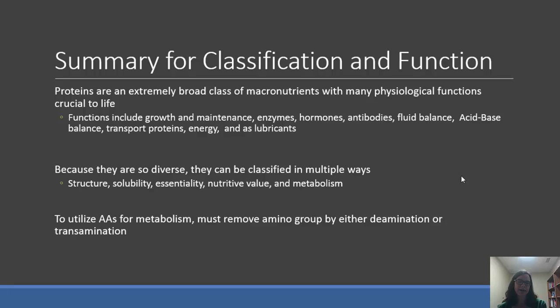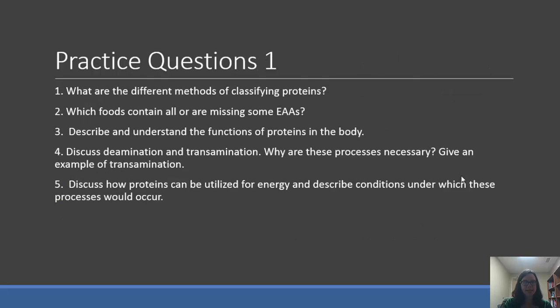To utilize amino acids for metabolism, we must remove the amino group by either deamination or transamination, and then the amino acids can be used to produce a variety of other molecules such as glucose or fatty acids, and these can also be storage forms of energy. And then the amino group that is removed by deamination must also be excreted in order to avoid toxicity. And here are our practice questions, so I'll let you do those on your own.